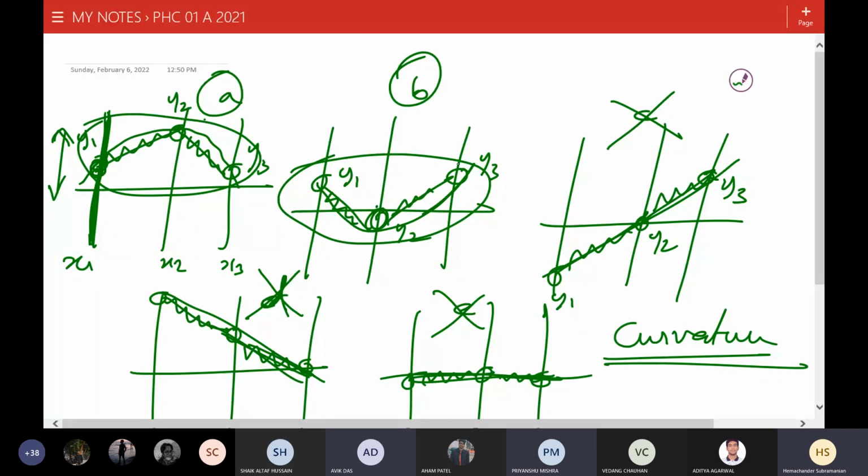But in cases A and B, the force is perpendicular to that curvature. But in the next case that you just mentioned, the force is not exactly perpendicular. What we are measuring is the force along the rod, and that's all we are measuring, because the particle is confined to the rod. It's a bead on the rod.